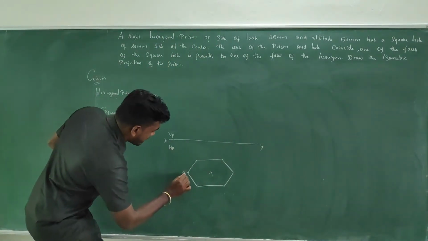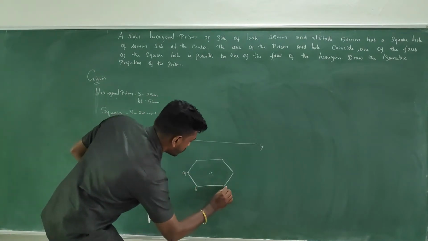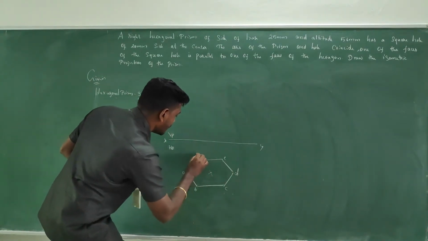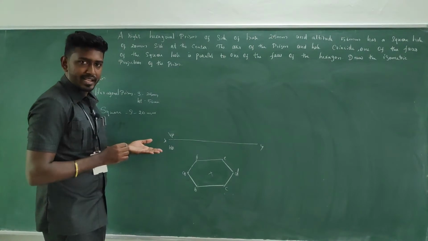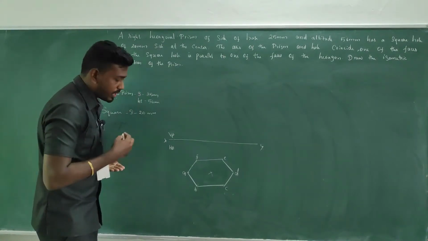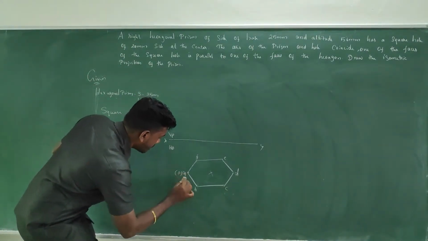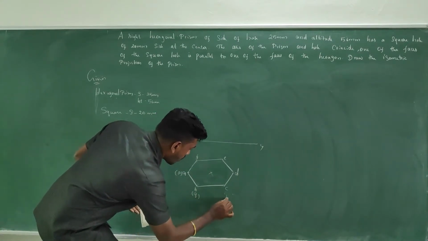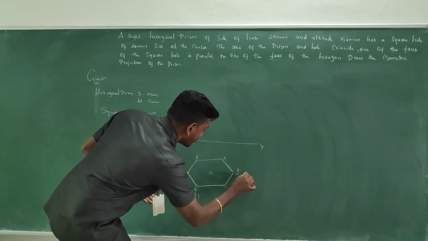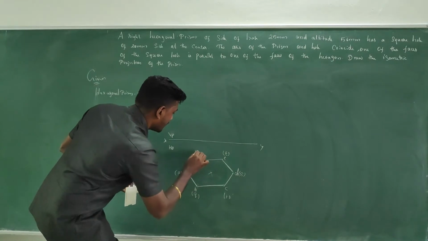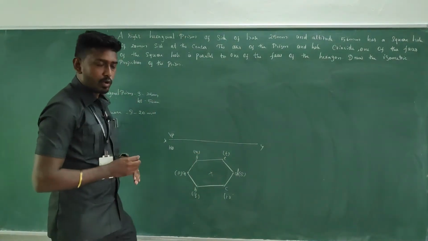For the top base, I am going to take A, B, C, D, E and F. We are familiar that when you are looking from the top, the bottom base is invisible. So P, Q, R, S, T and U are invisible.